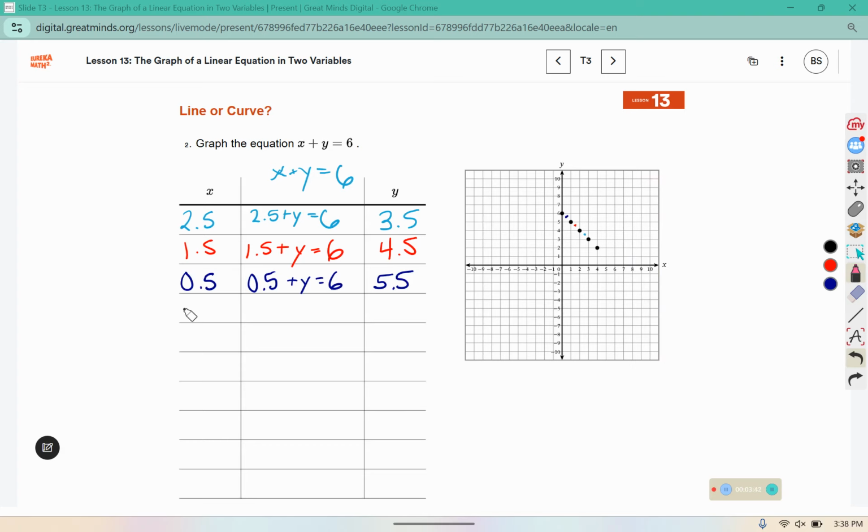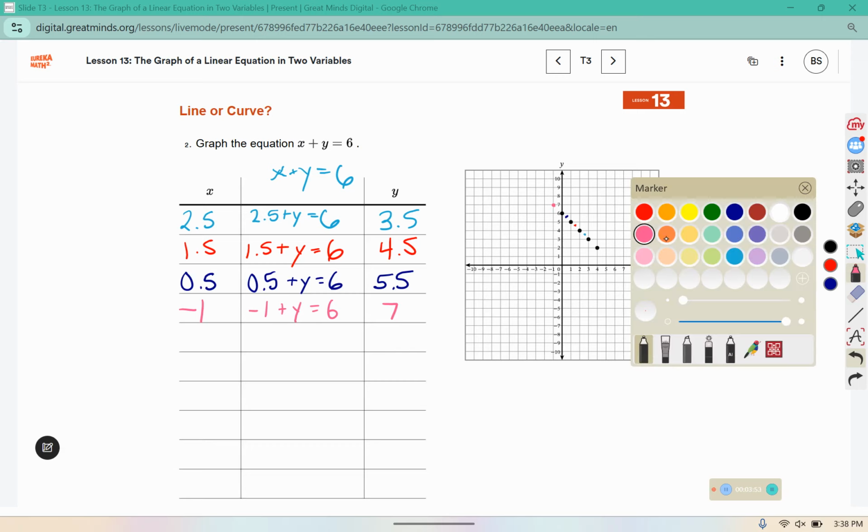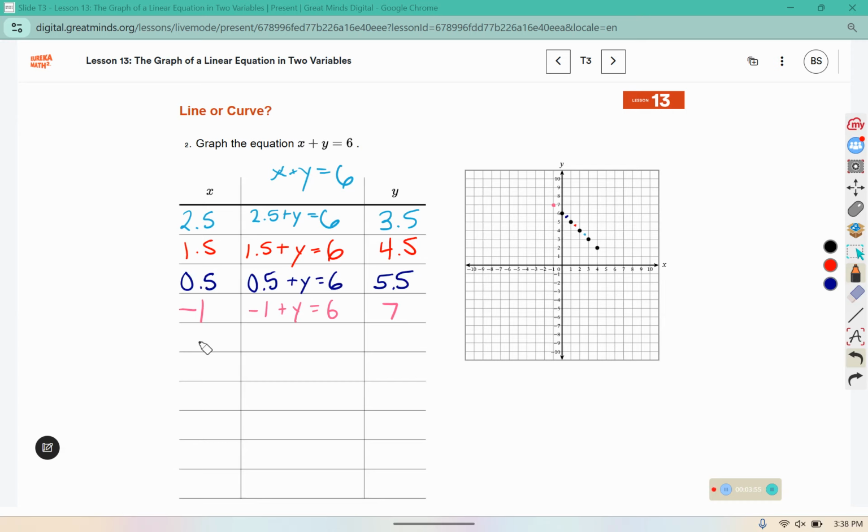We could do -1. -1 plus 7 is 6. We could do 8. 8 plus -2 is 6, so 8, -2.